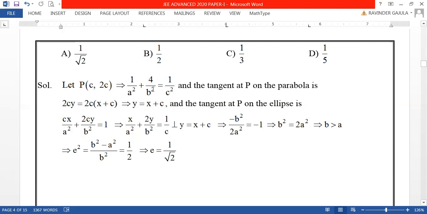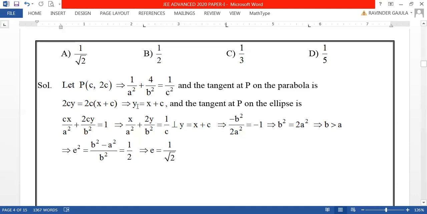Now the tangent at P on the parabola: it can be taken as T equal to 0. Of course, you can go for slope of the tangent and everything, but I have used the equation T equal to 0. So y y1 equal to 2c of x plus x1. y1 is 2c, so 2c y equal to 2c of x plus c.